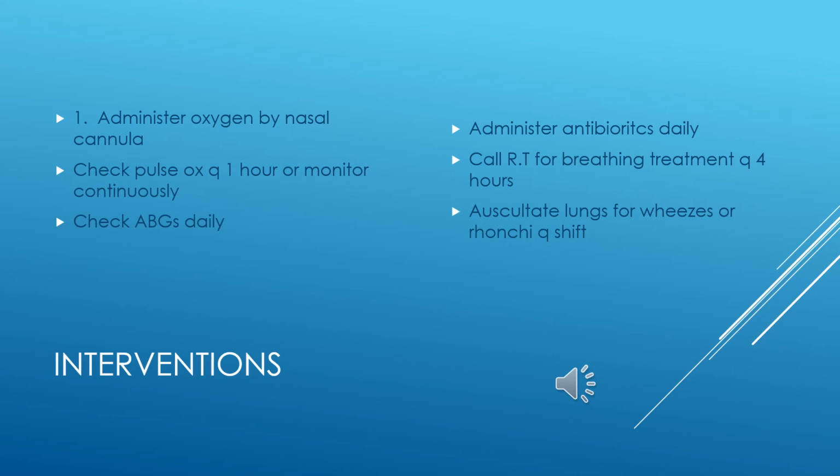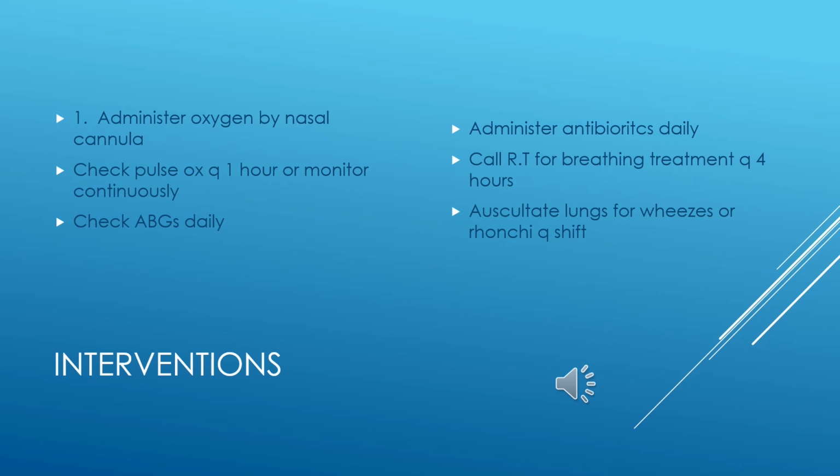Well, what do you think of these interventions? I think they're pretty great. They're very applicable. The gentleman is going to get oxygen. Checking pulse oxes, which RT or a nurse can do, either hourly or continuously, to evaluate if the oxygen levels are going up. The doctor ordered ABGs, arterial blood gases.